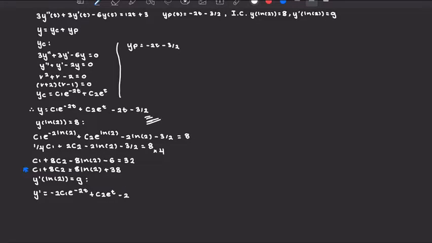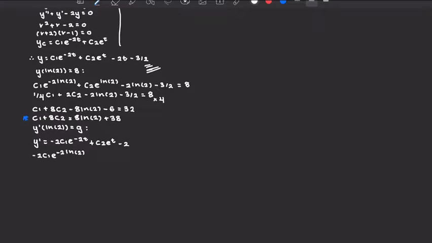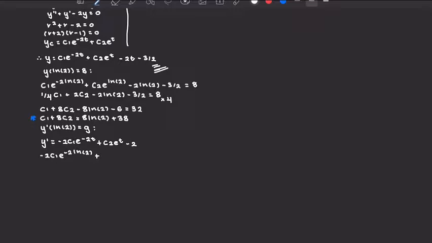And afterwards, let's plug in our values for the derivative equation. C1 e to the negative 2 times ln2 plus C2 e to the ln2 minus 2 equals 9.